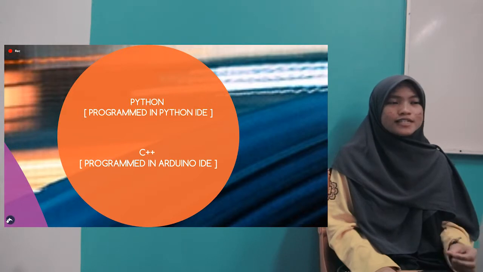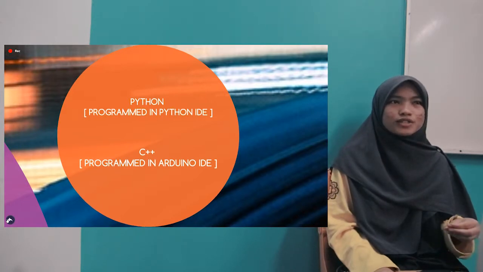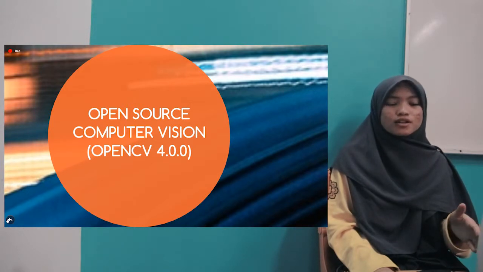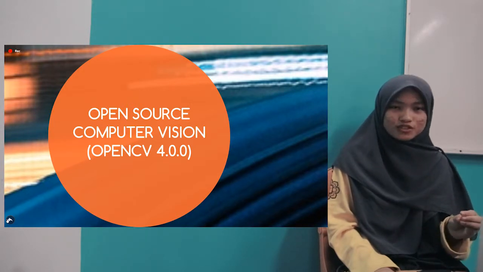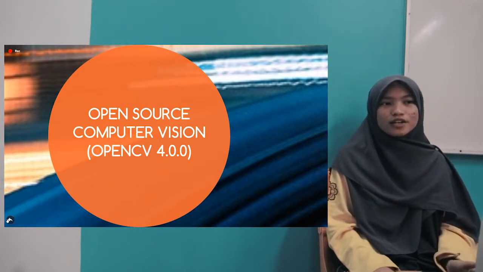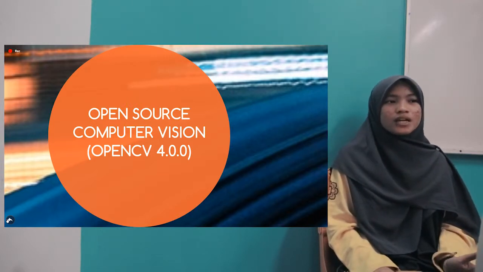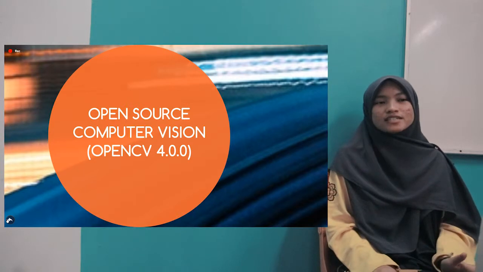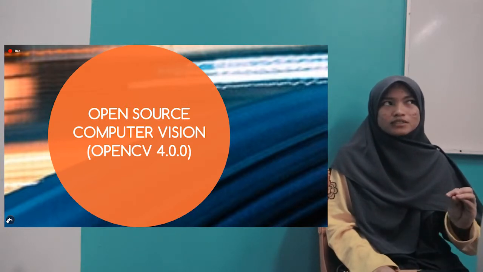Since our project is going to use camera-based vision, we are going to use the open source computer vision OpenCV library to process image data acquired from the camera vision. This library will perform a labeling and classification process using feature extraction from the image.